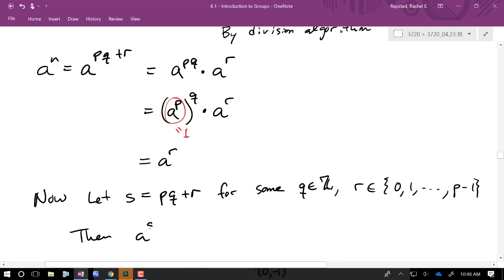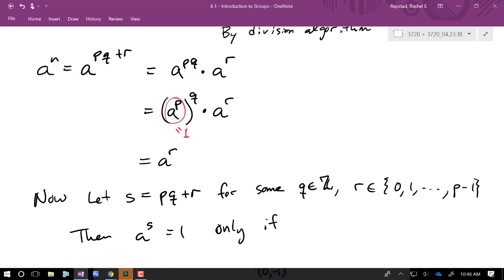now, if a to the s were equal to 1, the only way that could happen, right, if s is pq plus r, we know that a to the s will be equivalent to a to the r. The only way then that this whole thing could be 1 is if r is equal to 0, right, because it would have to boil down to this element being a to the 0.